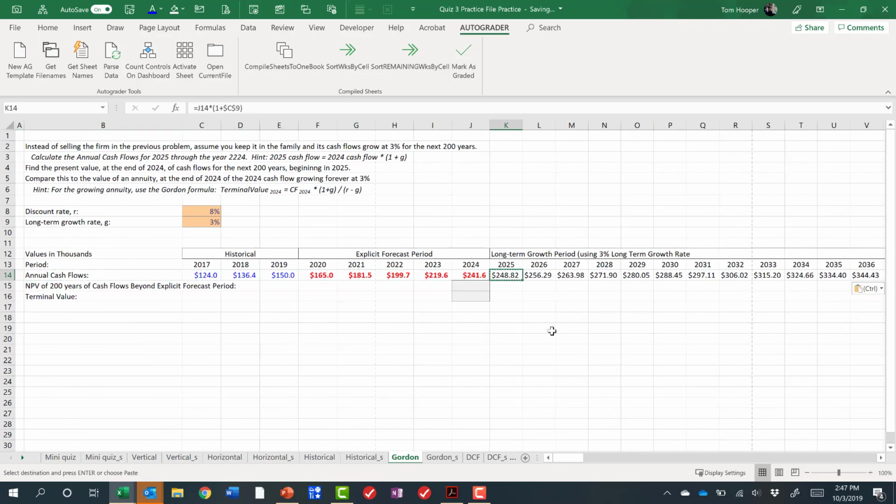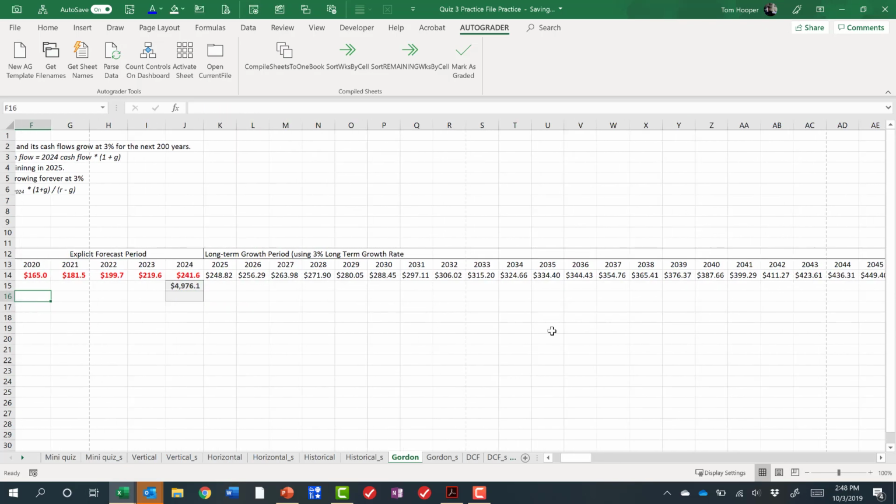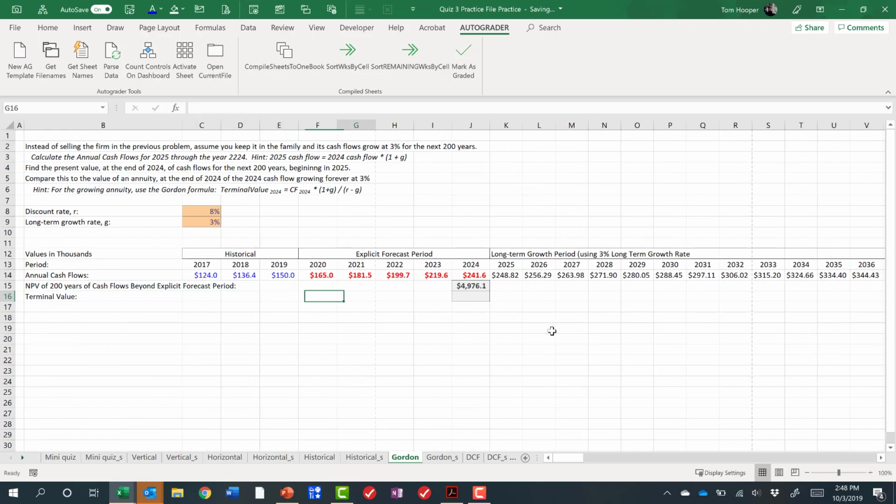Sounds like a ridiculous amount, but if we take the NPV of that, using the same logic that we did the last couple of times, then at the end of 2024, all those future cash flows happen to be worth about $5 million. We could use the Gordon formula and say instead of 200 years, what if it went forever? And that's pretty easy math.